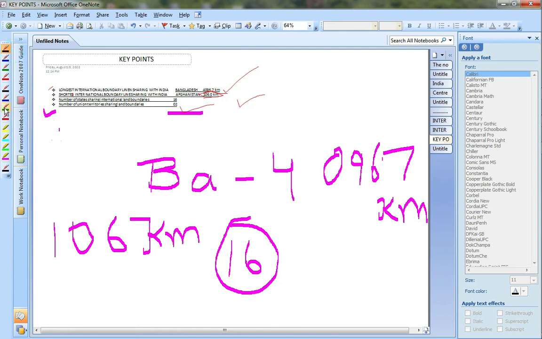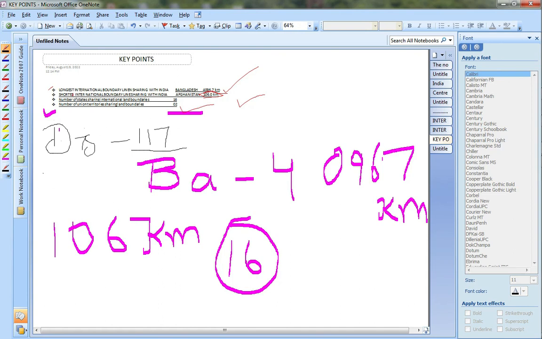And one more point also there. The number of districts sharing land boundaries with our neighborhood countries. This is also a very important bit. 117 districts are sharing land boundaries with the international boundary line.